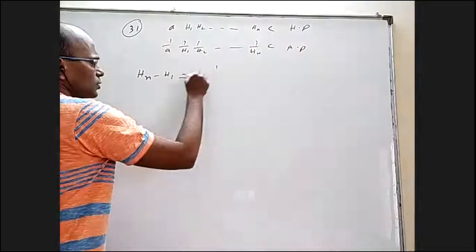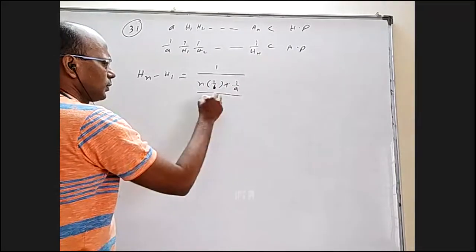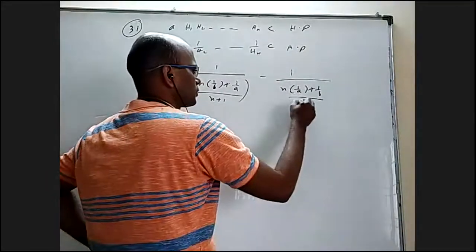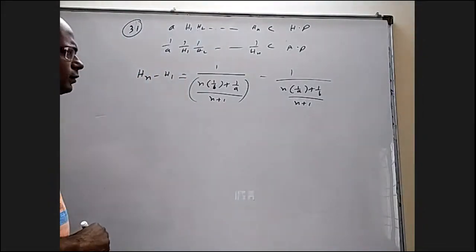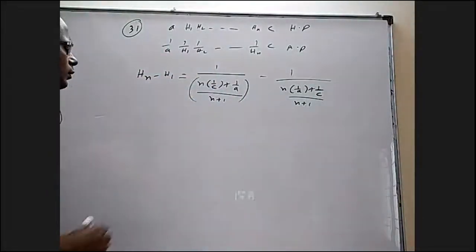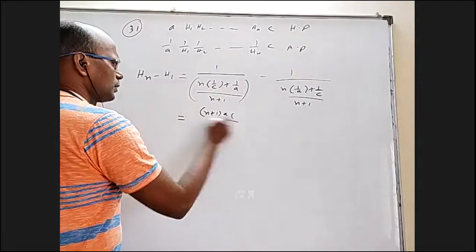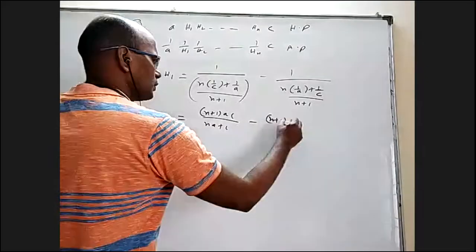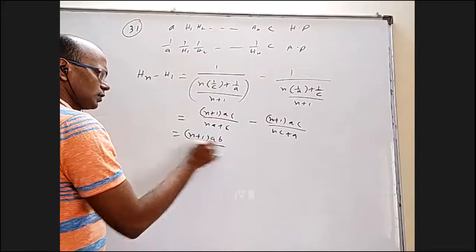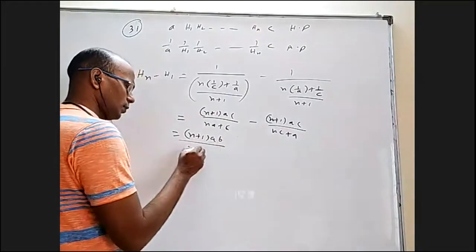We wrote Hn is n plus 1 by n times 1 by b plus 1 by a, and H1 is n plus 1 by n times 1 by a plus 1 by b, so b now it is C. You can take n plus 1 AC by NA plus C, n plus 1 AC by NC plus C. Now you can take n plus 1 AC common, and then Na plus C into NC plus C is the LCM.